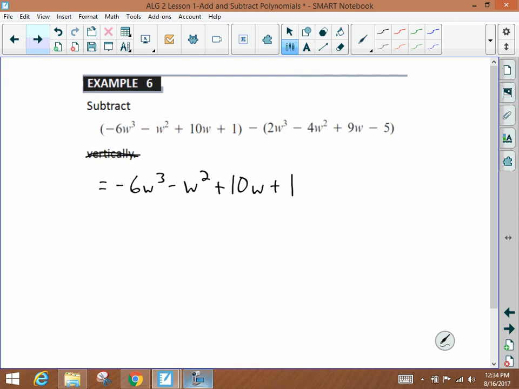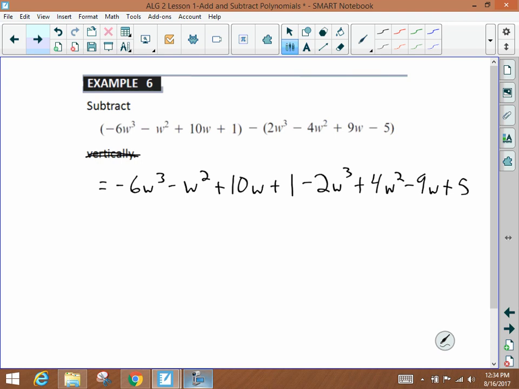What's it going to do? It's going to change the sign of everything in the parentheses. So that positive 2w cubed is going to become negative 2w cubed. The negative 4w squared is going to become positive 4w squared. And we're going to continue on with that, right? Changing the sign of what's inside the parentheses.